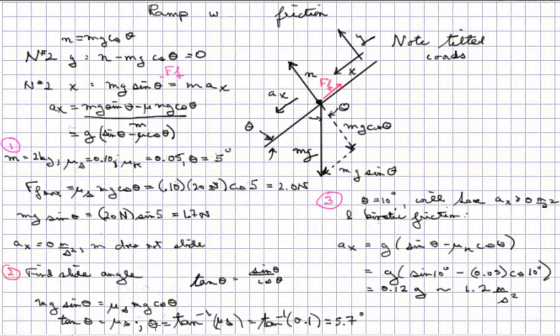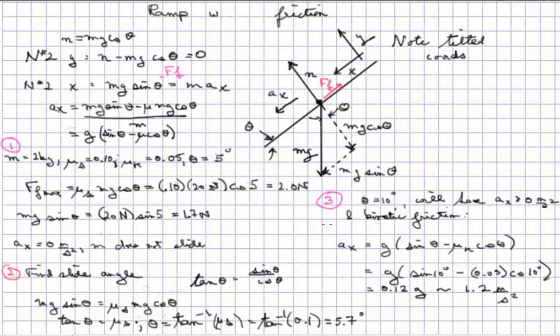And now we can solve for theta by taking the inverse tangent of mu sub s, which in our case is 0.1. And the inverse tangent of 0.1 is 5.7 degrees. And so when we chose 5 degrees here, we just needed to go a little bit less than 1 degree beyond 5 degrees, and it would start sliding. And so at an angle of 5.7 degrees, m will just begin to move.